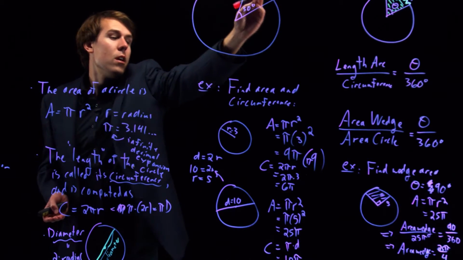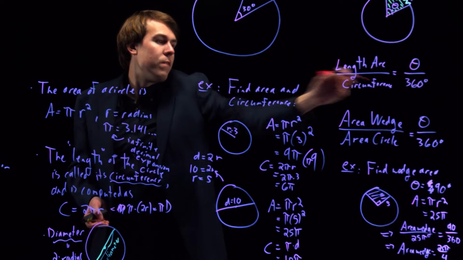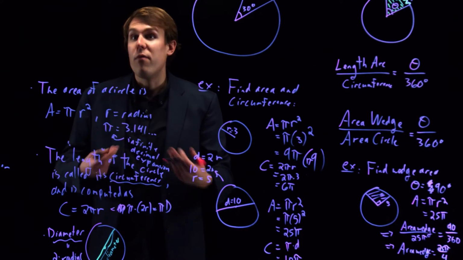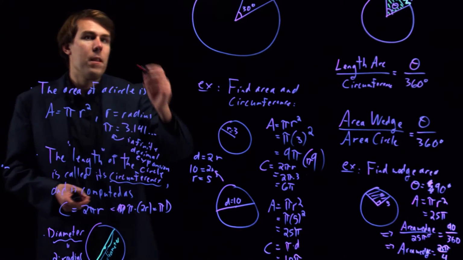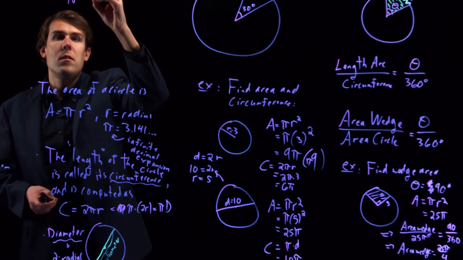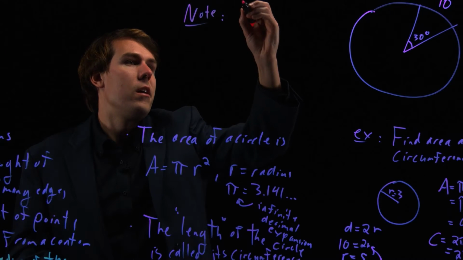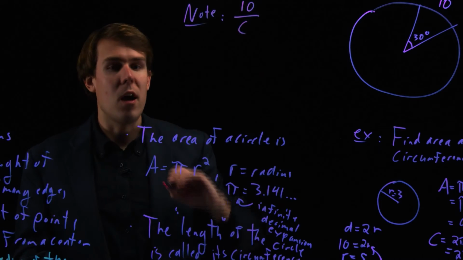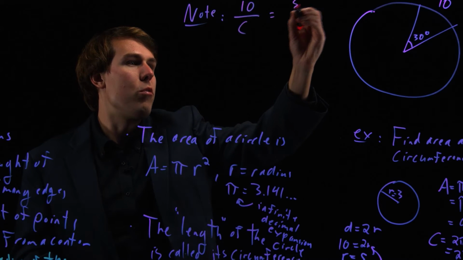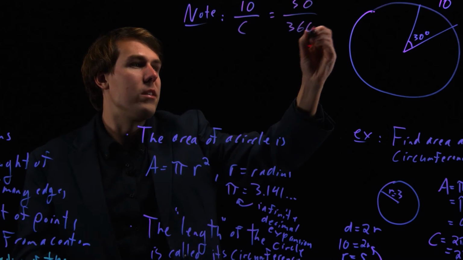Well, I can use this ratio here to find the total circumference from which I can get the total area. So note, 10 divided by the circumference is equal to 30 divided by 360.